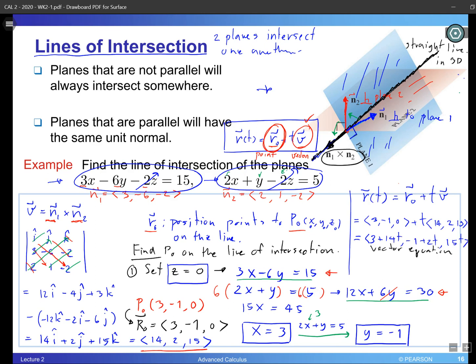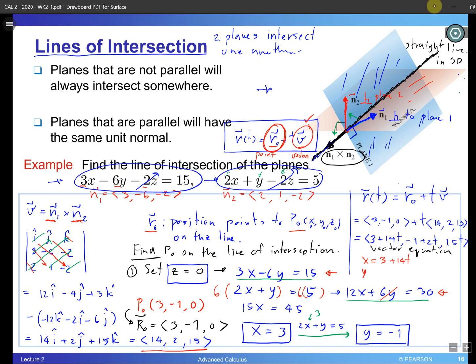And you can choose to present this in the form of a parametric line. So let's work on each component of this. So the x component, parameterization: x equals 3 plus 14t. Let me check the number right here if it's correct. Okay, 3 plus 14t.